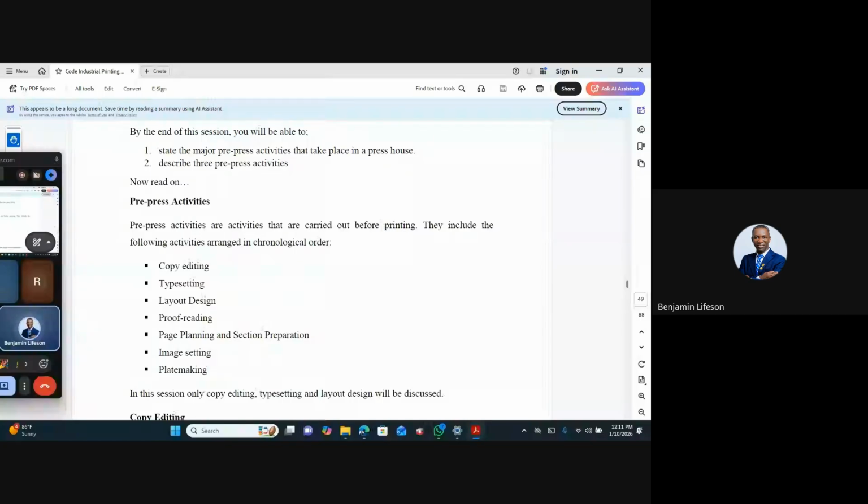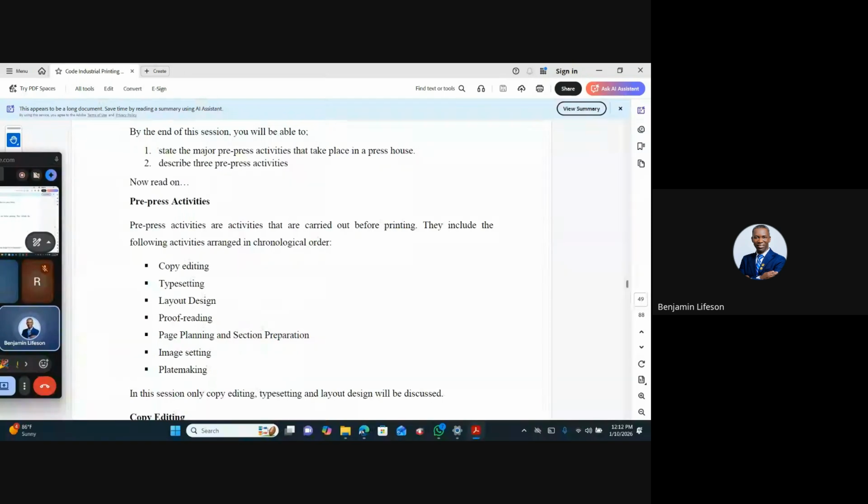So pre-press activities. We said that these are the activities that take place before printing. So the arrangement has not been done in any order, but in a chronological order, in a systematic order. So we pick it from stage 1 to stage 2, stage 2 to stage 3, like that.